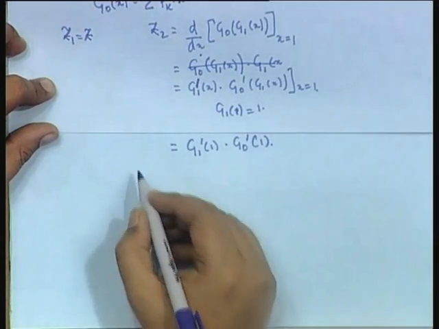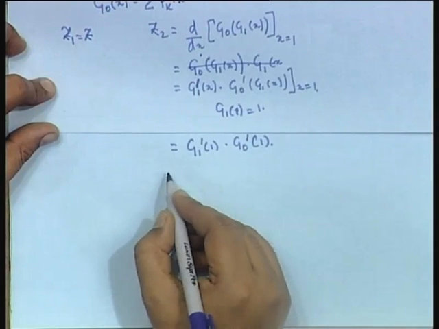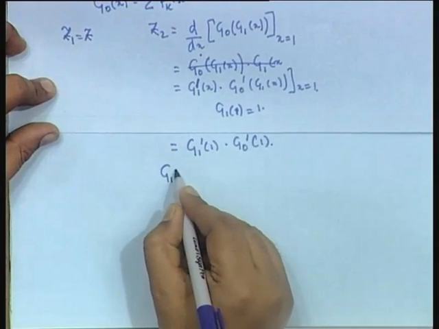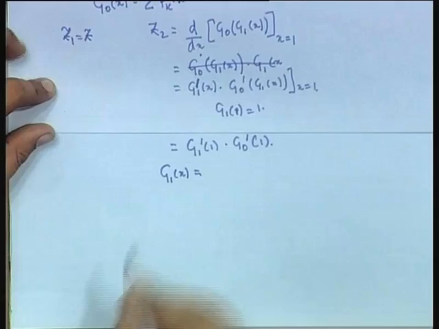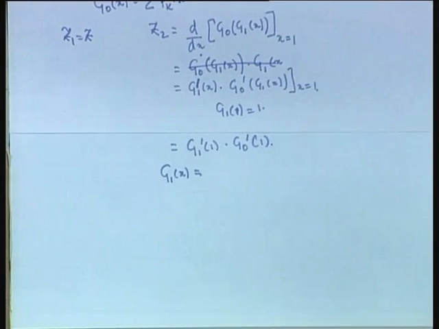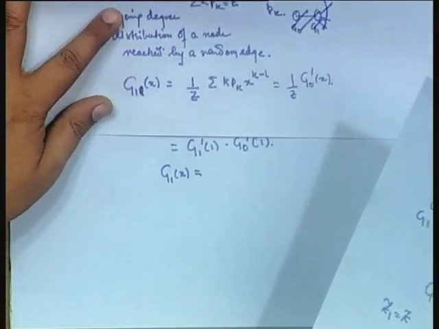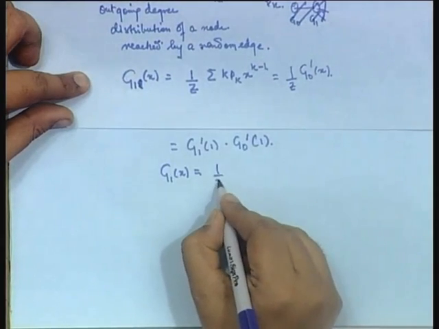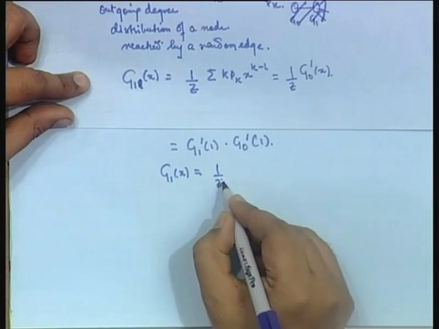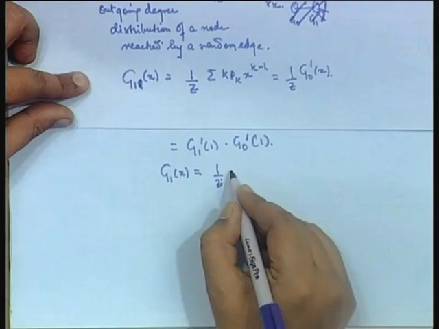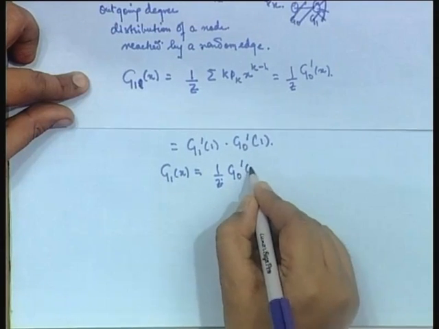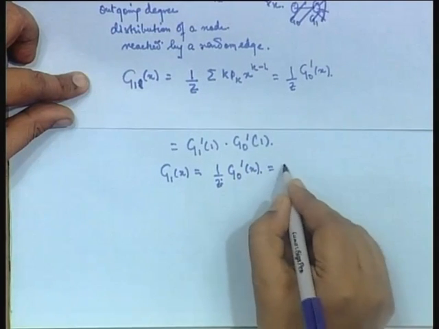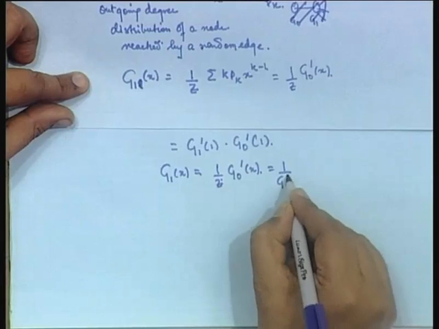And what is G0? First, what is G1x? What is the formula of G1x? We studied. Tell me the formula of G1x. So, this is the formula of that, 1 by z. What is z basically? Z is basically G0 dash 1.